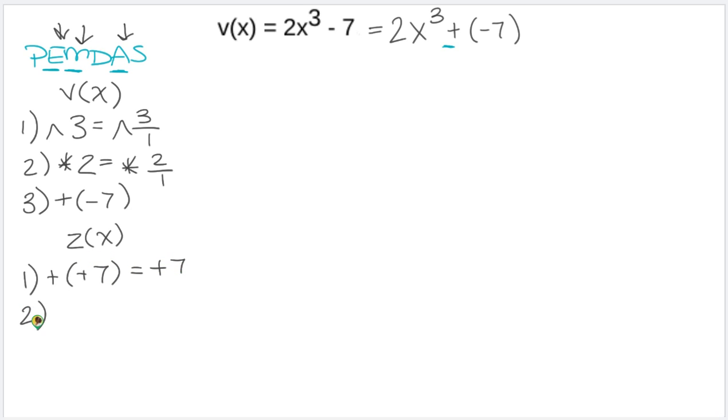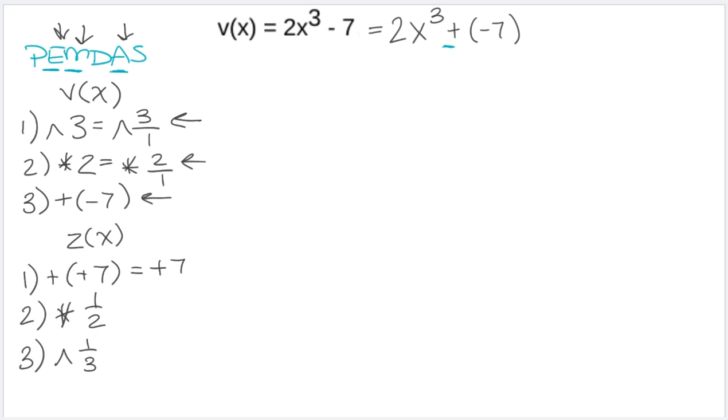The second step will be the inverse of our second step. The inverse of multiplying by 2 over 1 is multiplying by 1 over 2, or its reciprocal. And our third step will be the inverse of our first step. The inverse of taking something to the power of 3, or cubing it, would be taking something to the power of 1 over 3.